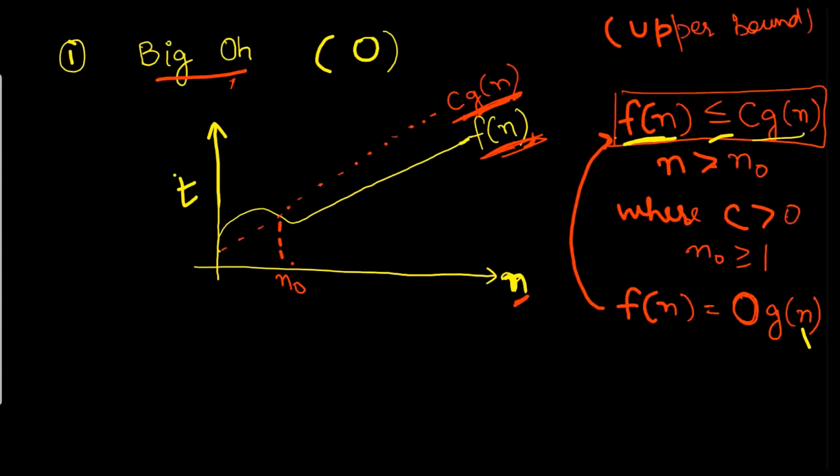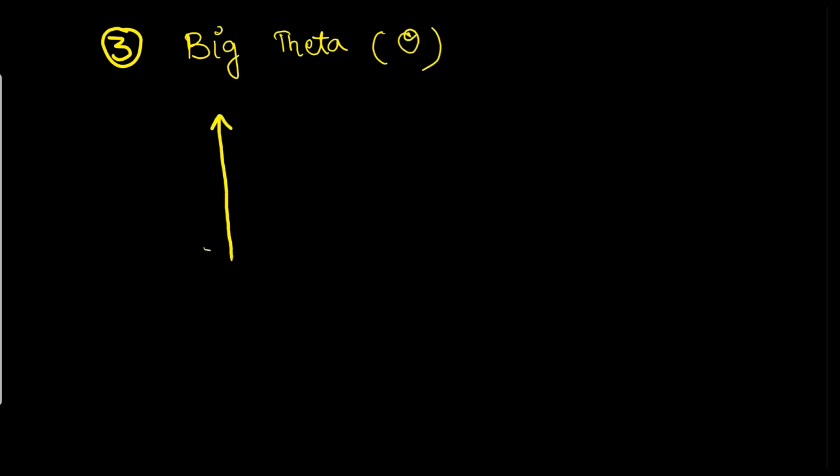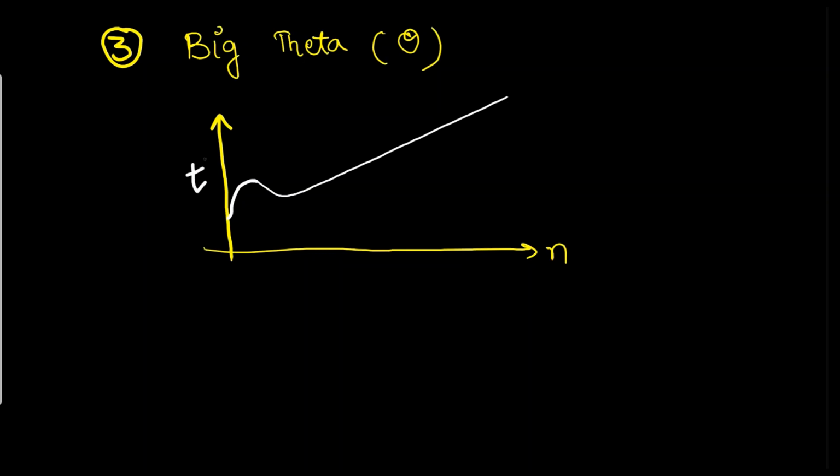Right? Now let's understand the third term, which is big theta, represented with the theta symbol. If I draw this for size of input n, with the increase of n, the time is also growing.